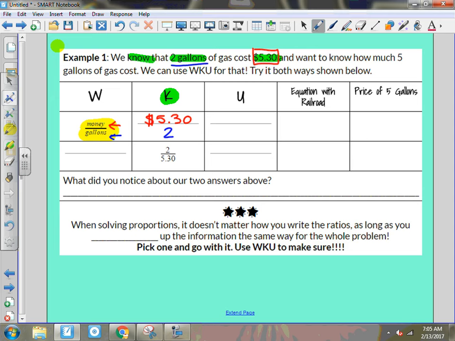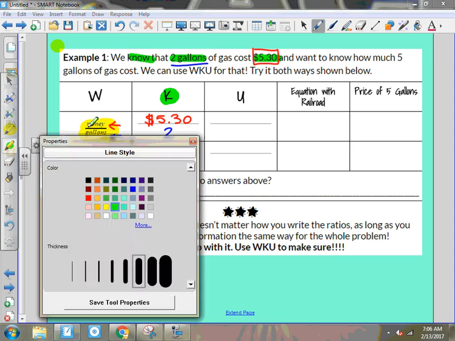So I've used what I've set up. I figured out I was using gallons and I'm using money. I picked that money is going to go on top, gallons is going to go on the bottom, and so I've set up my proportion. Now I'm trying to figure out what I don't know. Let's see, I'll use blue for this. Orange.